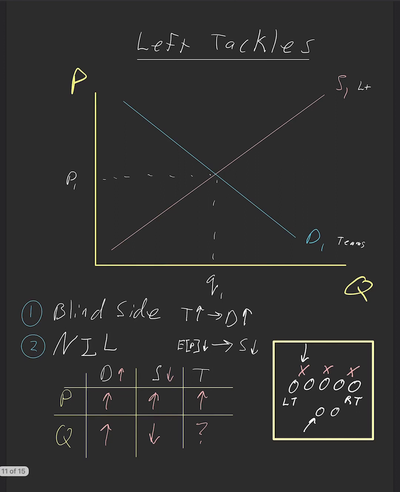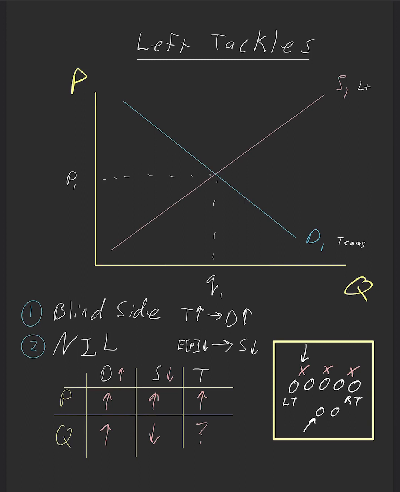Okay, let's take a look at how the determinants, which determine the location and shape of supply and demand, work in an example. Let's take a classic example from sports economics, and that's left tackles. Let's start with what left tackles are.